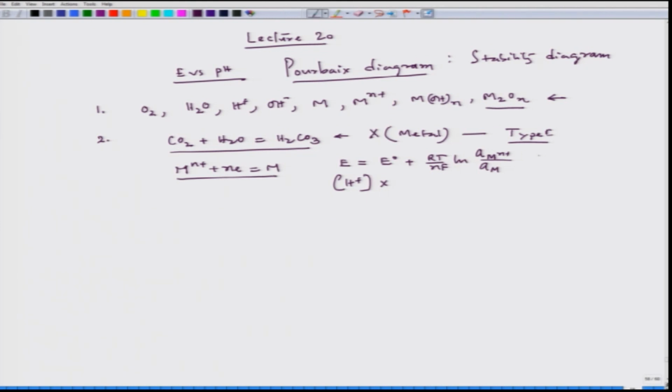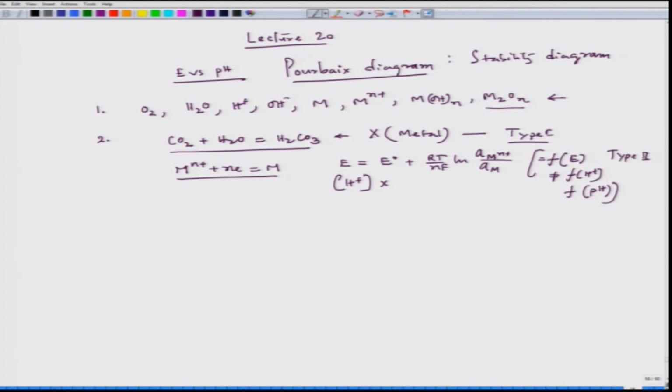We can say that this is a function of potential, but it is not a function of hydrogen ion concentration. So, this is a function of E, but not a function of pH. Whenever we have hydrogen ion presence, we can express it in terms of pH. This we call type 2.